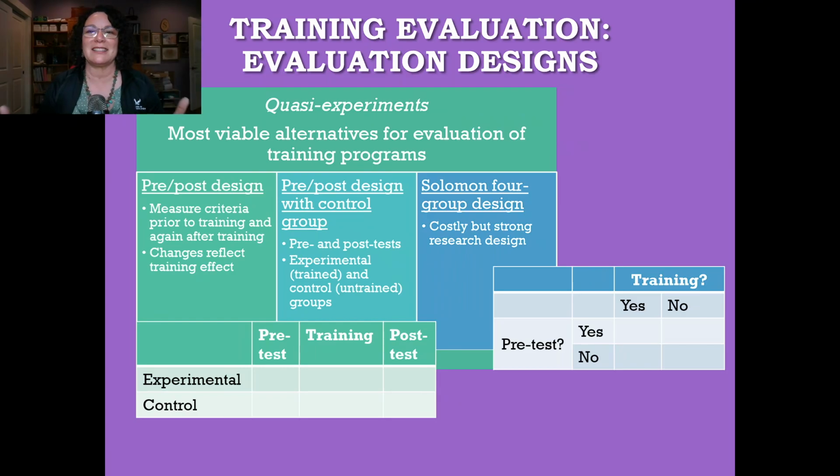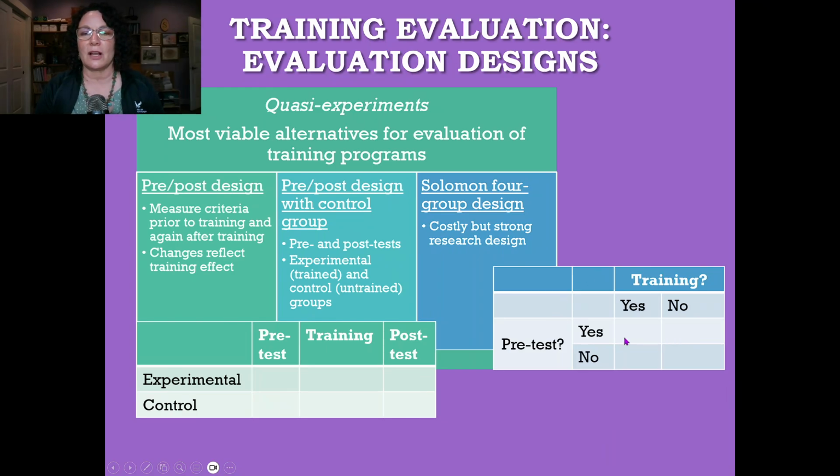That the pre-test isn't somehow tainting you. And so this design allows us to take out training, take out pre-testing, and see what seems to be causing any differences that might exist. Hopefully, the only thing that emerges is that training is what's causing the difference on the final test.